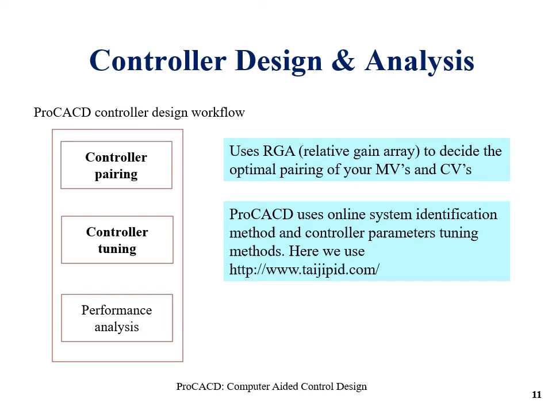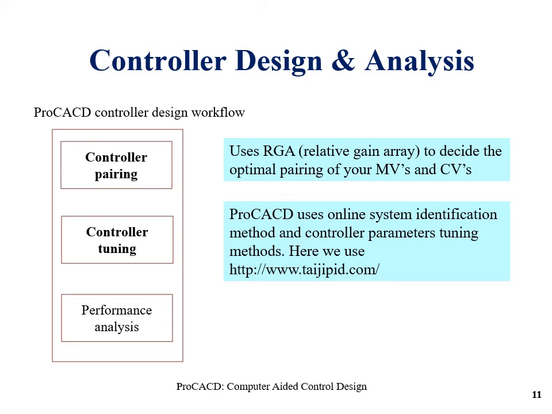All this information is generated and stored, and the data is uploaded to TiGPID, an online server which is also developed at JGU. It uses the data and runs the system identification and tuning methods, and gives you the transfer function which represents the system and also the tuned controller parameters.